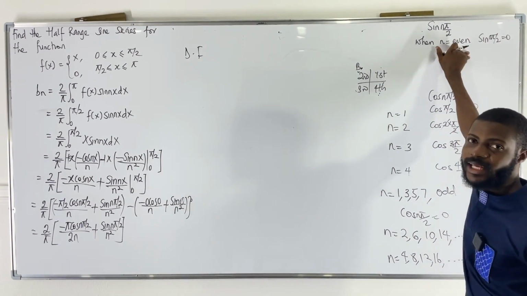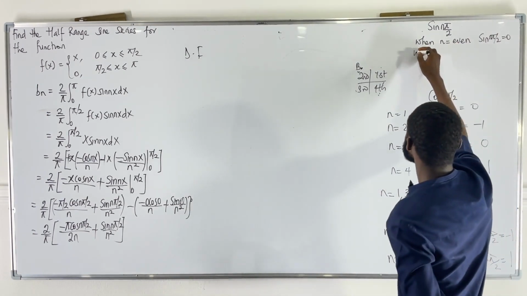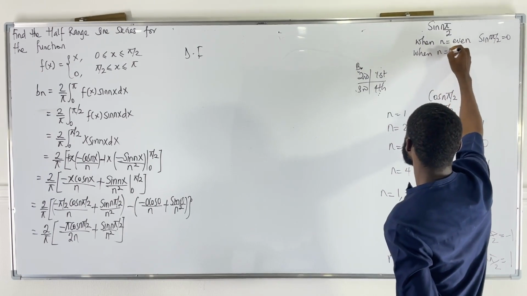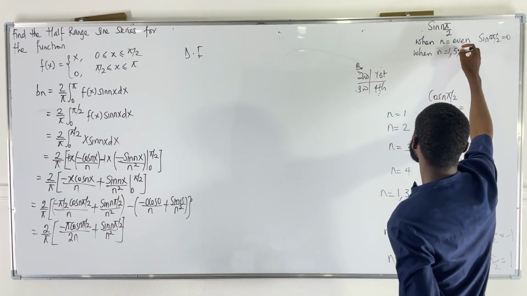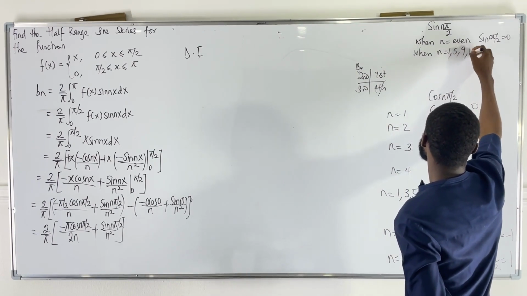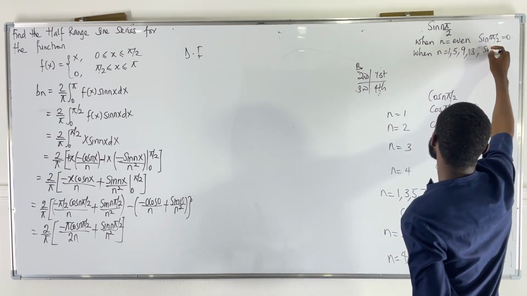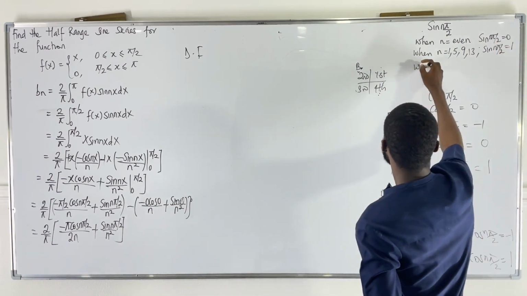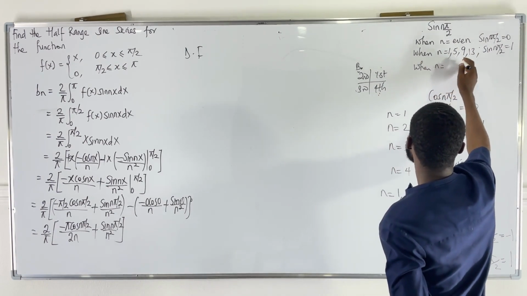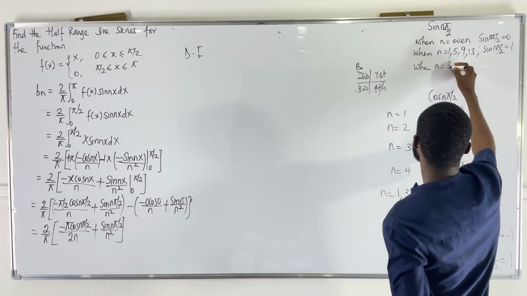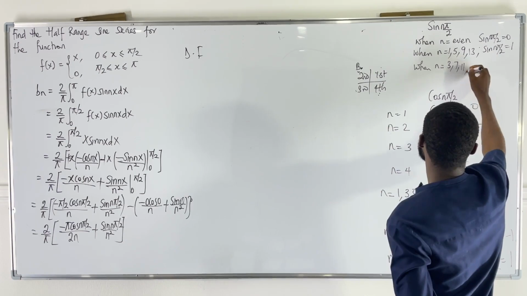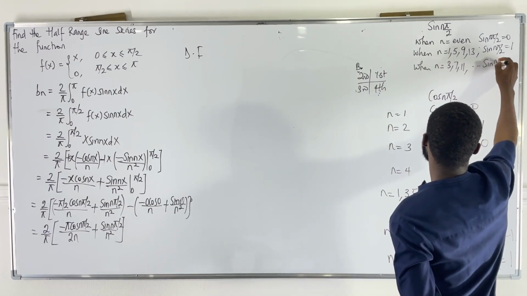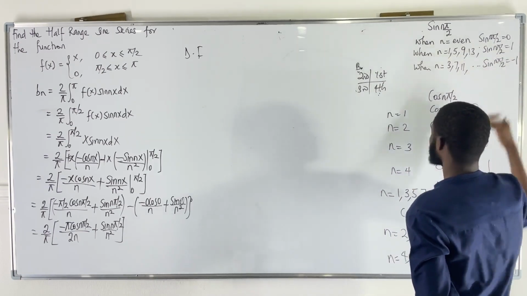Next, when n is equal to 1, 5, 9, 13, sine n pi over 2 is equal to 1. Then when n is equal to 3, 7, 11, sine n pi over 2 is equal to minus 1.